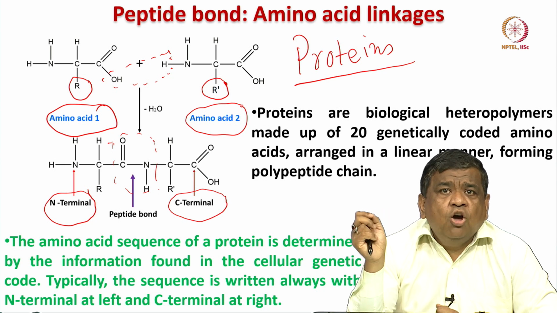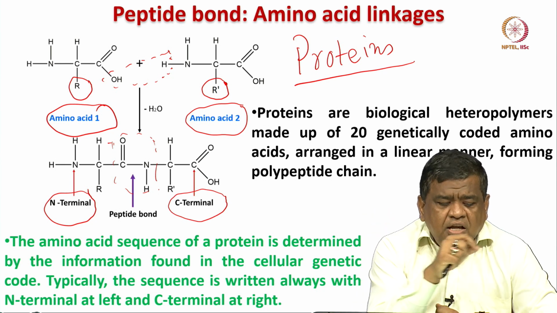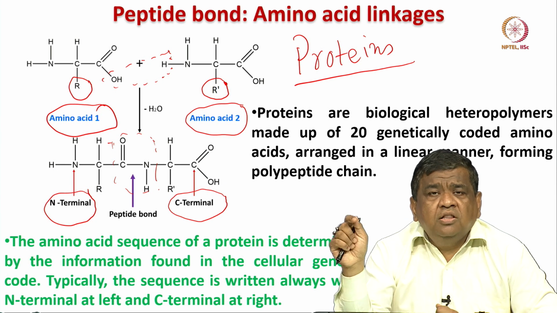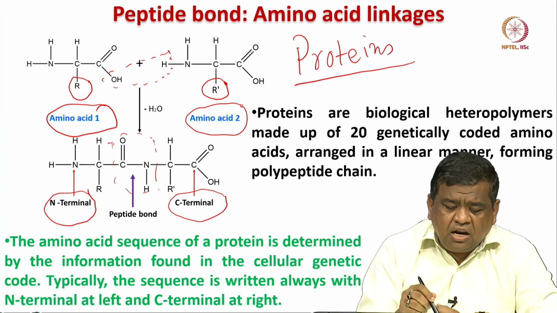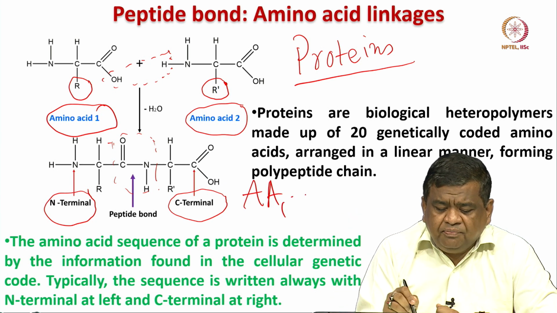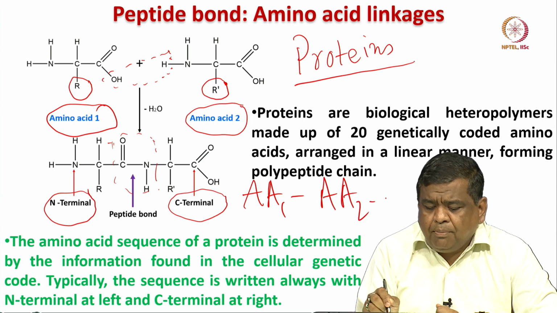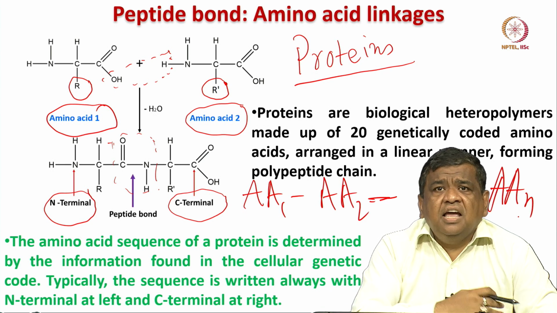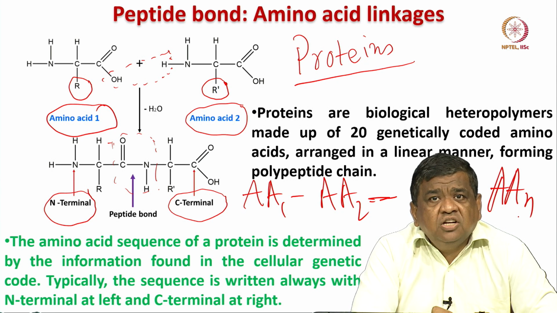So, essentially all these amino acids, when they react together, will make a peptide structure, and if you put all these different amino acids together, it can contain AA1, AA2 up to AAN. So, AAN is the nth amino acid in a large polypeptide chain.